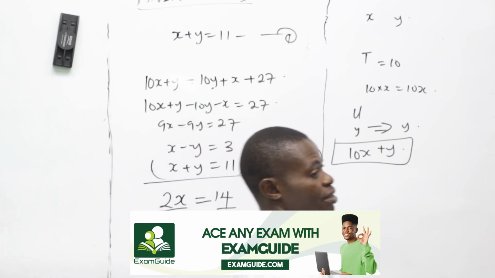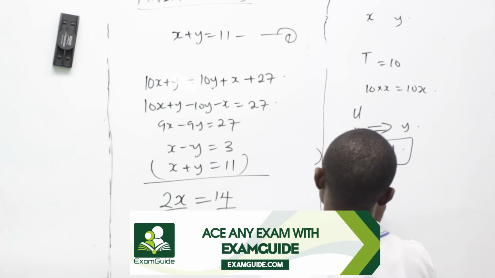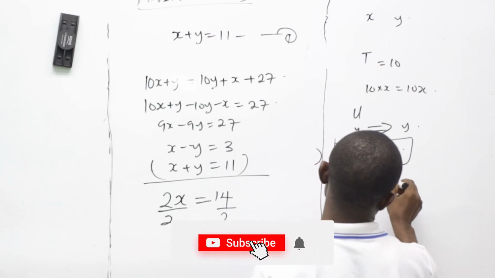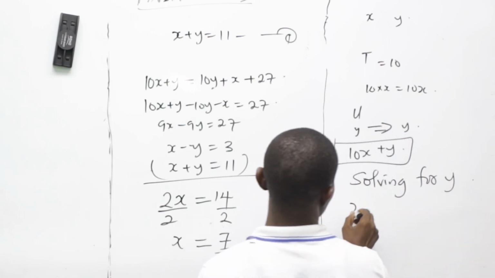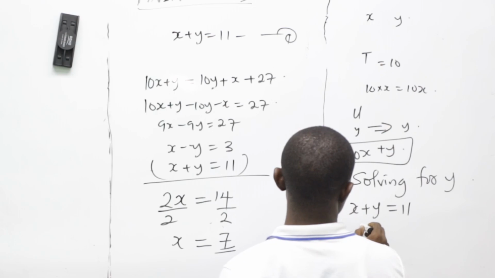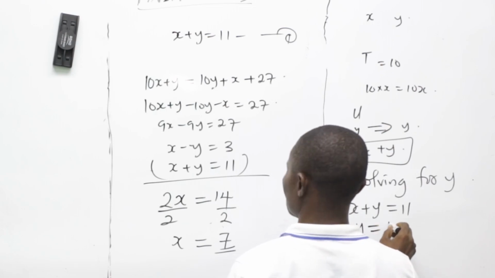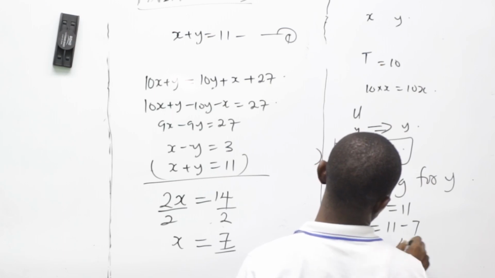If x is 7, now we need to solve for y. Solving for y, we'll have that x plus y is 11. So what is y? y equals 11 minus 7. y will be what? 4.